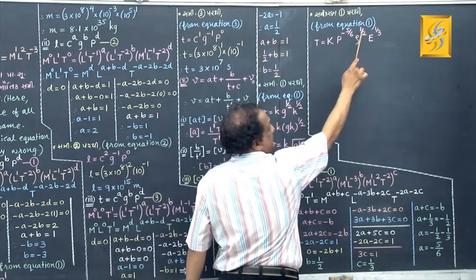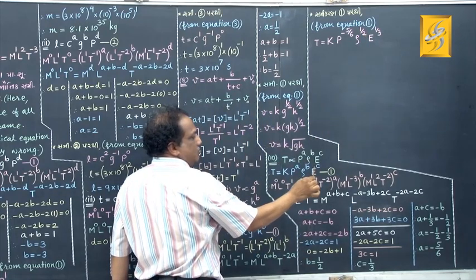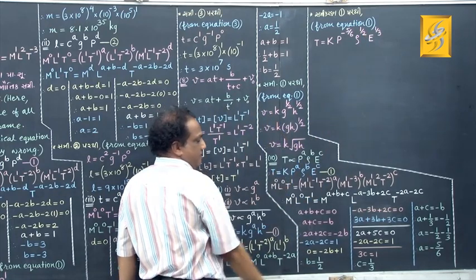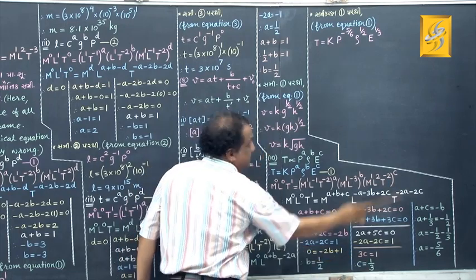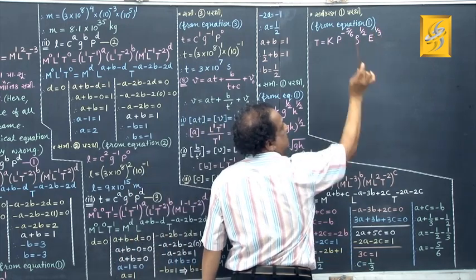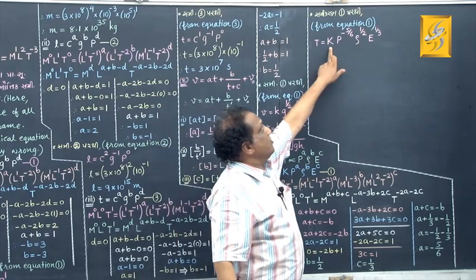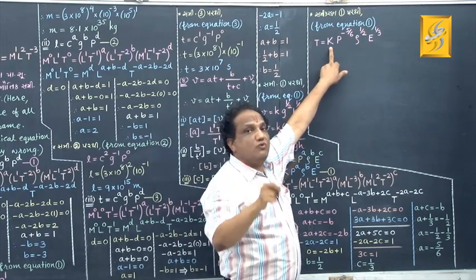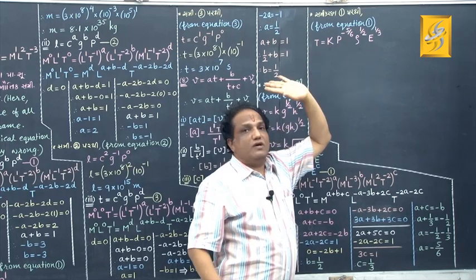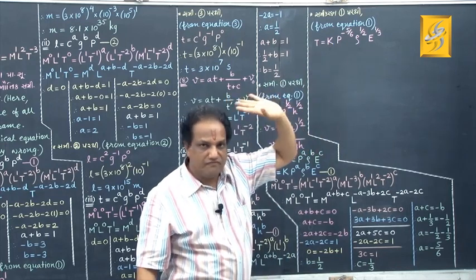Correct? Then e raised to C, but C is 1 by 3, correct. Now further in the statement, if they give the value of the proportionality constant, you are supposed to put that value over here, and then the final formula you can just mention, okay.